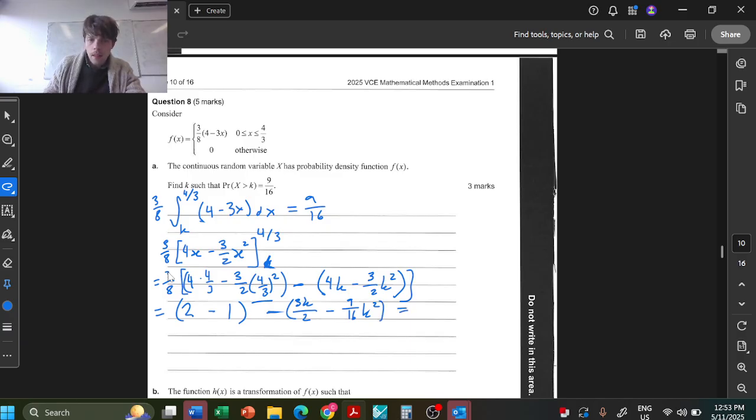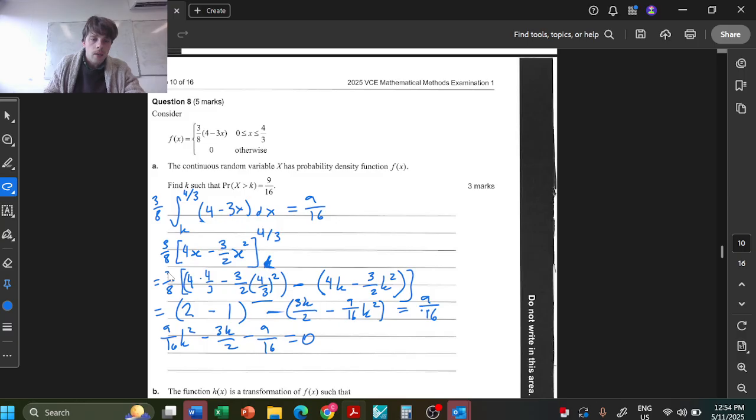Okay, and that thing is equal to 9/16. So we'll expand this and write it as a quadratic, because this appears to be yet another quadratic. I'm going to subtract that from both sides. We get 9 over 16 k squared minus 3k over 2 minus 9 over 16 is equal to 0.